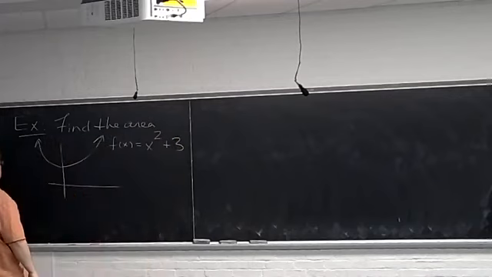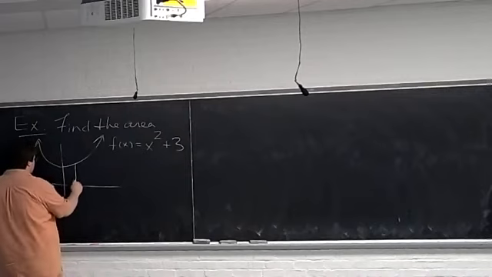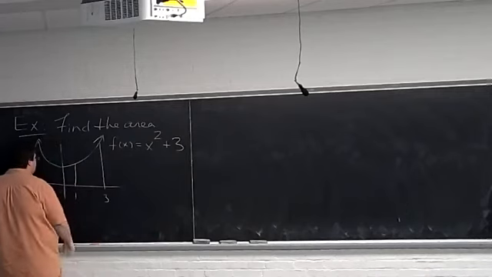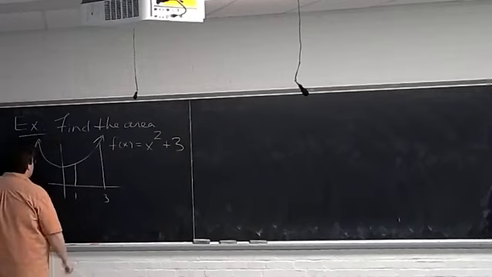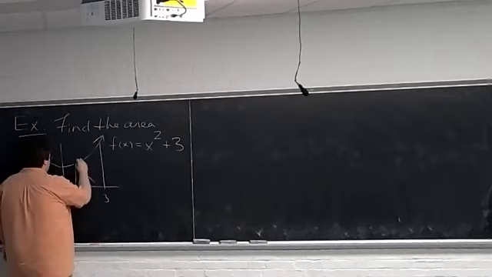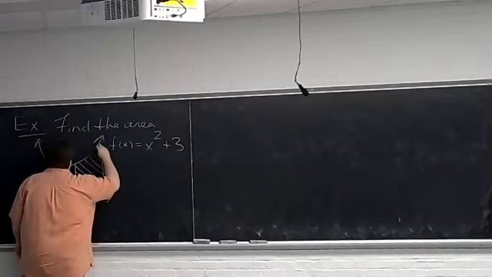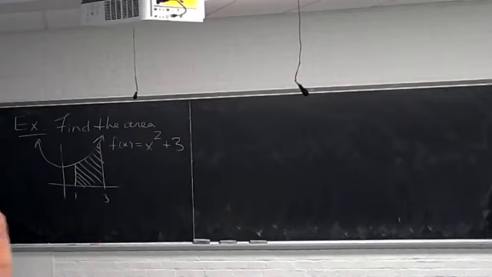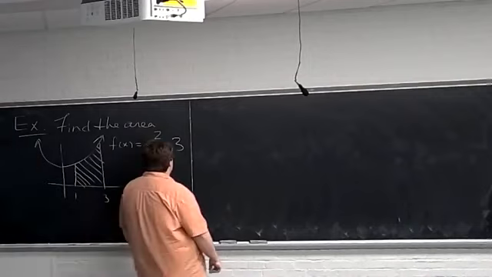X squared plus 3, which area? 1 to 3 is what we did in week 2. So find this area. Well, there are 2 ways, technically, we could do this.